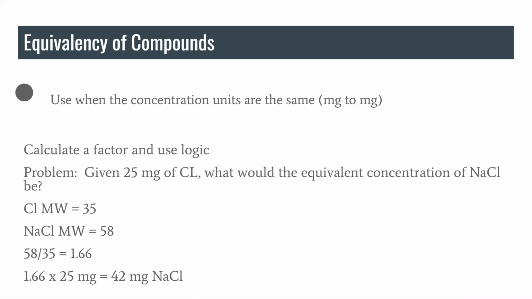If we know the molecular weight of chloride and the molecular weight of sodium chloride, we're going to calculate a factor of 58 divided by 35, which is 1.66. So if we have 25 milligrams of chloride, the equivalent concentration will be multiplied by 1.66 to give us 42 milligrams of sodium chloride.